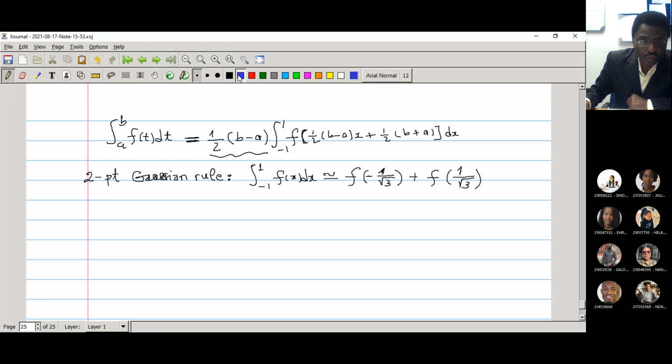For the 2 points rule, this implies that the integral from a to b of f of t dt is equal to what? I would take this 1 by 2 b minus a. Then I will multiply by all this integral.